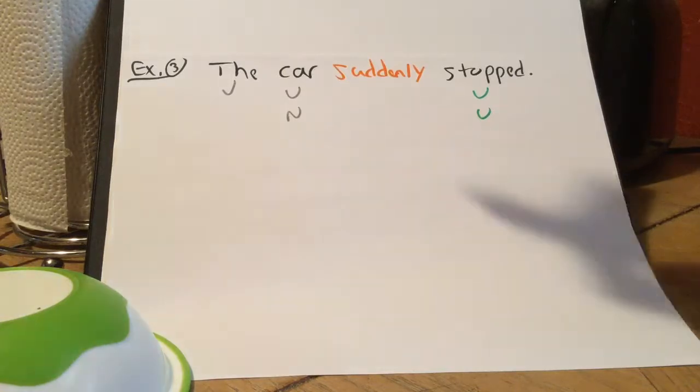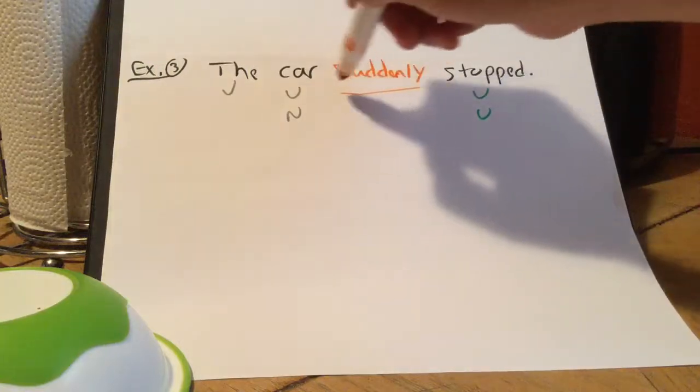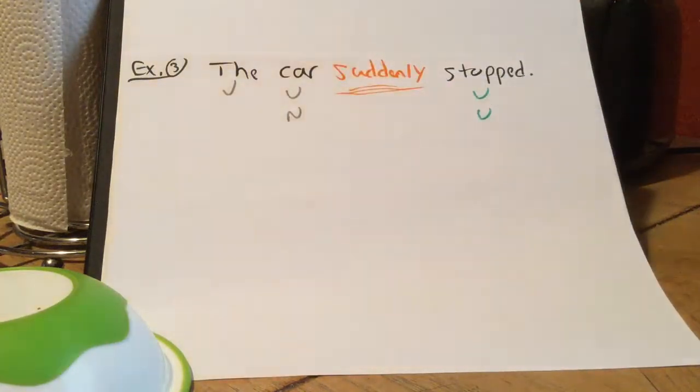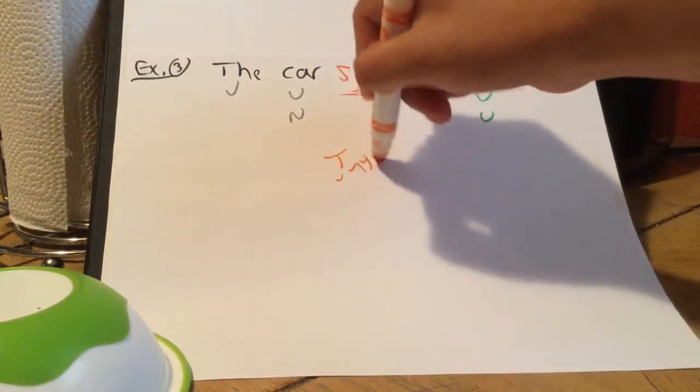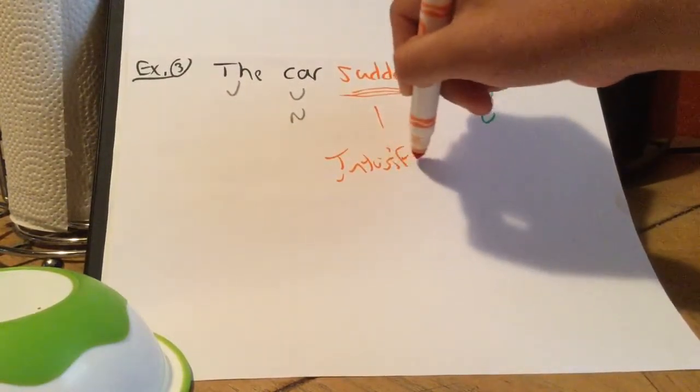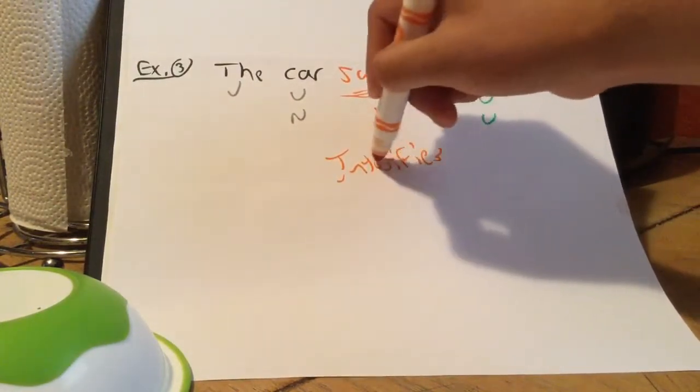Right, this suddenly kind of also intensifies the situation because it's not just a regular stop. What happens when you stop suddenly? It's really sudden, right? Like it just happens so quickly and it's just uncomfortable and it's probably not the best, huh? So we're going to say this one intensifies. Okay?